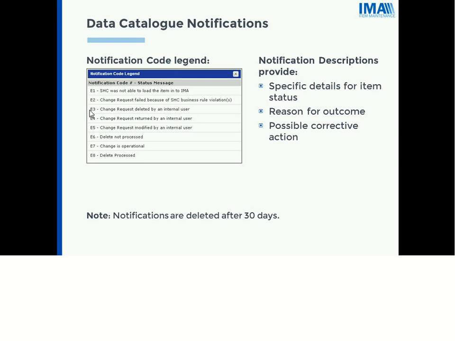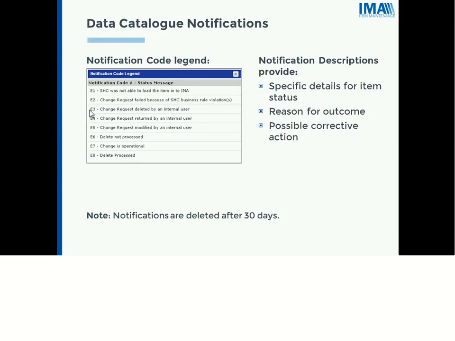Now, if you have a change request that you've approved, that you had synced over, and it gets returned to you by an internal user, then you're going to get a notification for that, and that's going to be E4. If a change request is modified by an internal user, let's say you sync over the change request, it's successful, you approve it, it goes to the next row, but then your merchant or inventory analyst makes some kind of change to your change request before they approve it, then you're going to get a notification with E5.